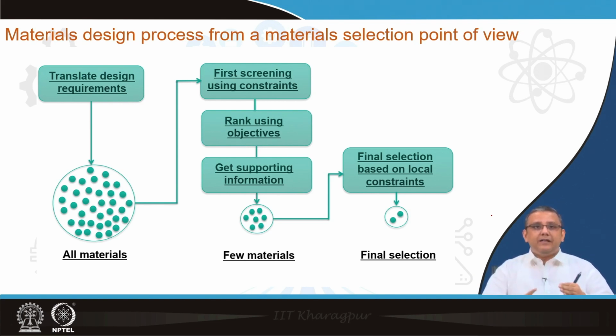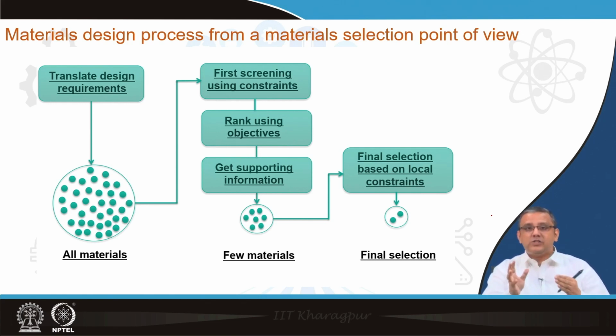After the first step, where all materials are considered, the second step is the first screening using constraints. We will be seeing this in the next slides. The third step is ranking using objectives. The fourth step is getting supporting information, and once you reach this fourth stage, you will see that only a few materials remain which fulfill all your requirements.